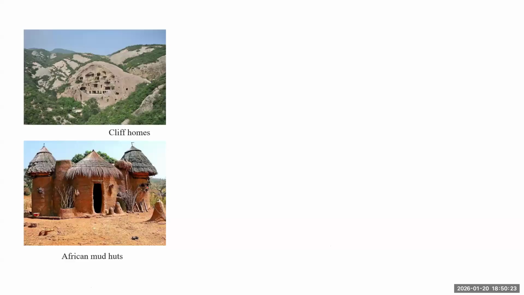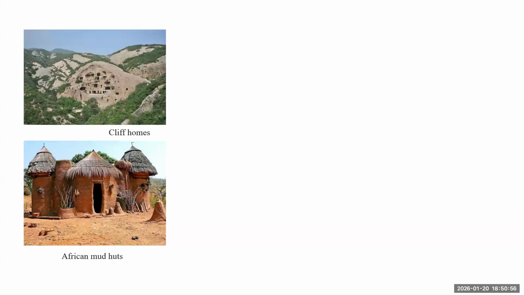it's very famous. You know, in Africa, some people live in mud huts. They don't need artificial lighting. They don't have air conditioning. So sure, the buildings consume almost no electricity. And even in China, we had cliff homes previously.